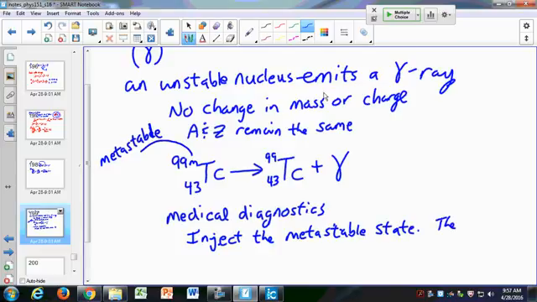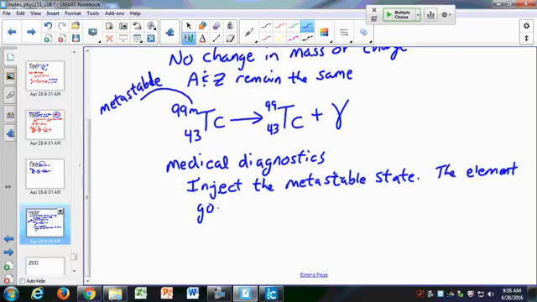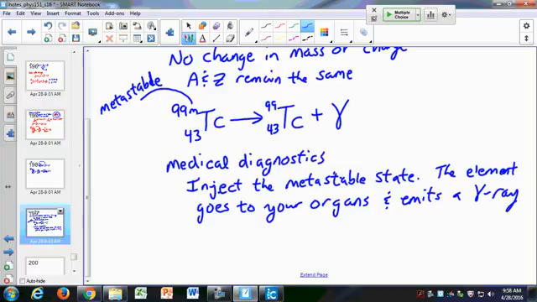The element goes to your organs and emits a gamma ray. And then they use detectors to detect those gamma rays.